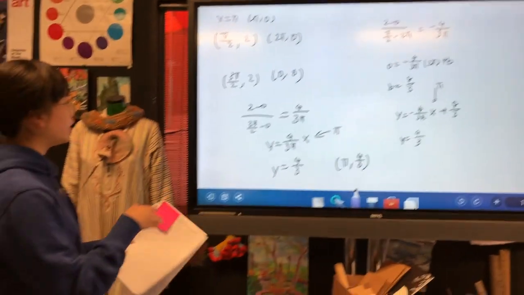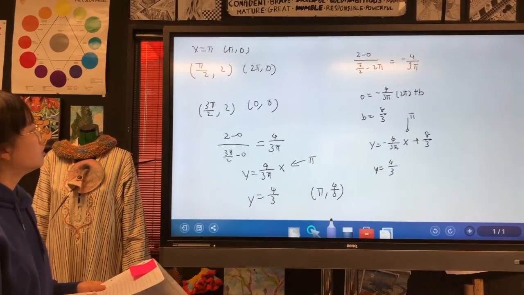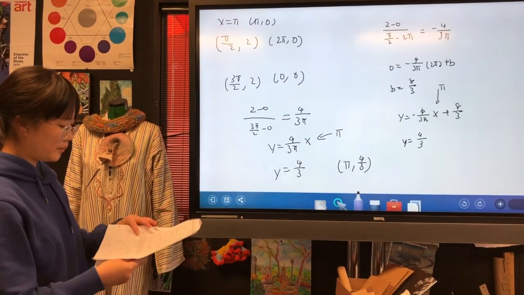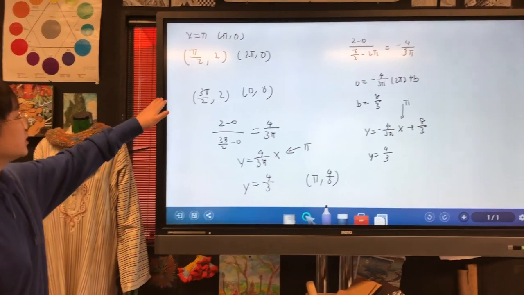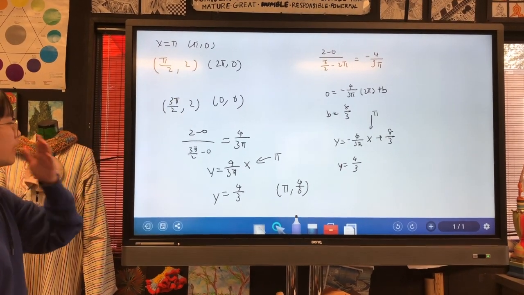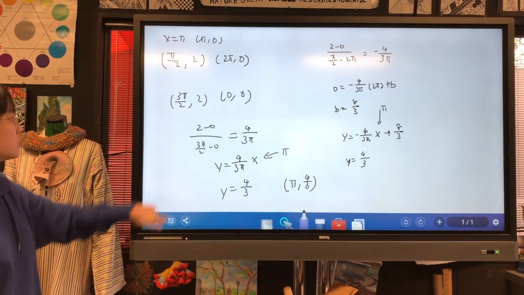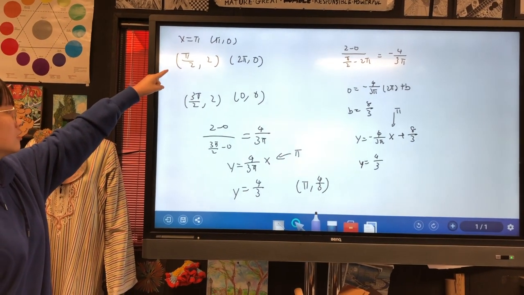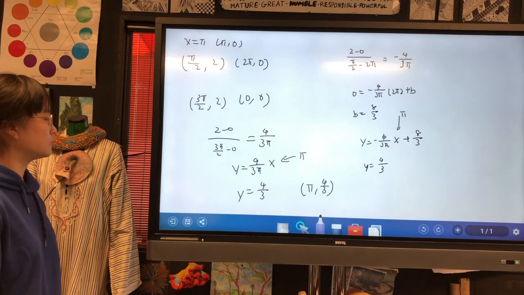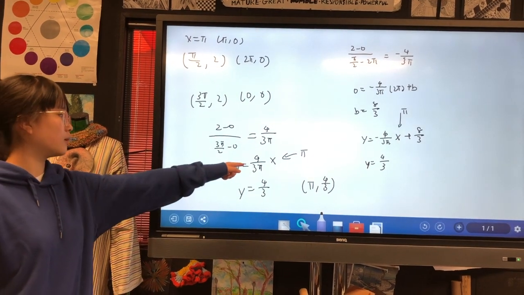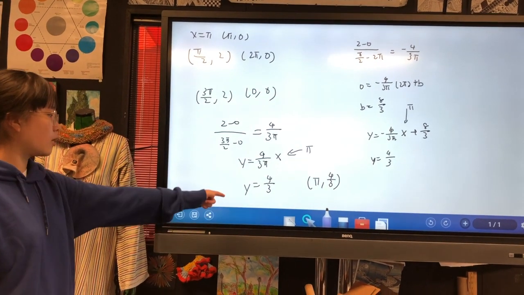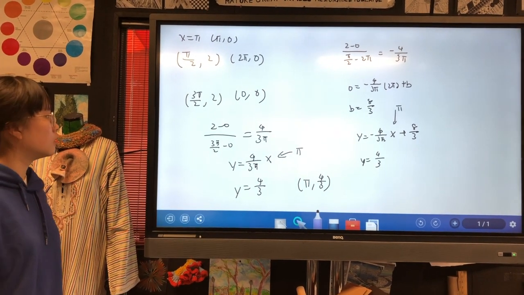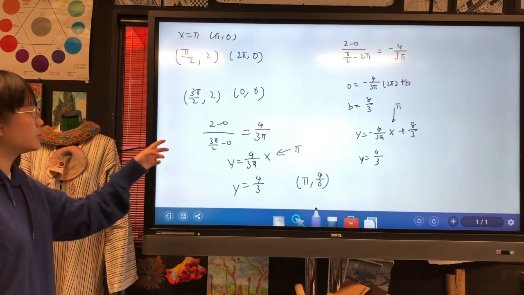To find the line, we need to use our slope-intercept formula, which is y equals mx plus b. We take these two points and find the slope of them first. Since we know that one of our points is pi, 0, it is x equals pi, so we can plug pi into x and we'll get y equals 4 over 3 for these two points.